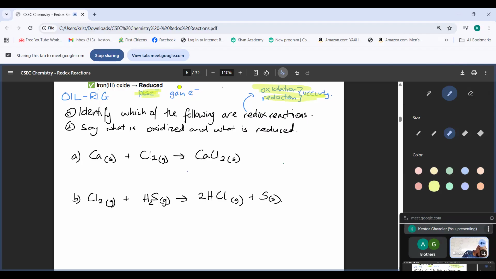So we're looking at these equations, and we're looking at where things go from having a charge, or what we refer to as an oxidation number, of 0. Elements in their free state, like calcium here, are in their elemental state.